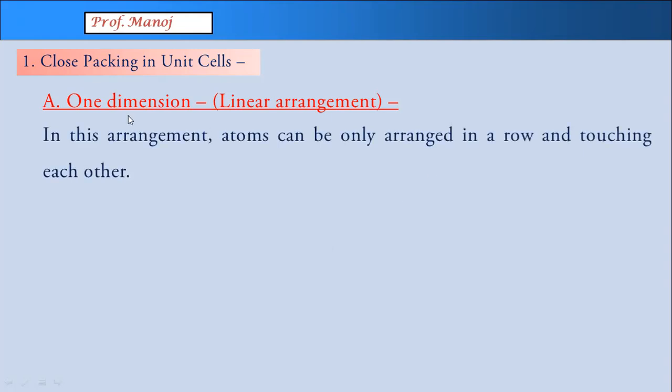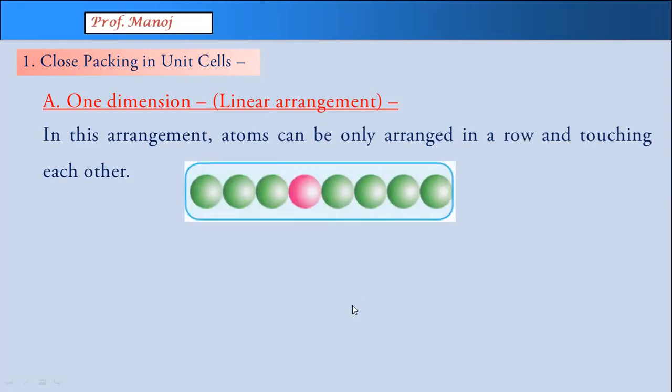So we are now going to take the linear arrangement. How does a linear arrangement look? Very simple. Just keep atoms next to each other. You can assume round fruits like smooth oranges, or if you like sweets, laddus, and how they are arranged. That's how atoms are arranged, in a very similar way.